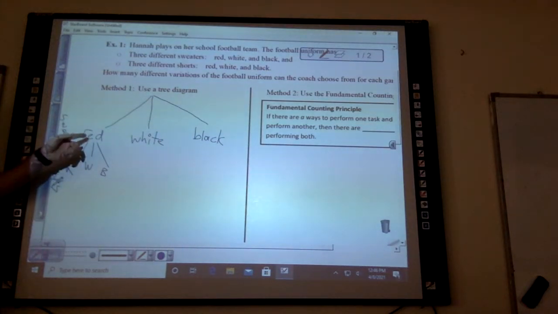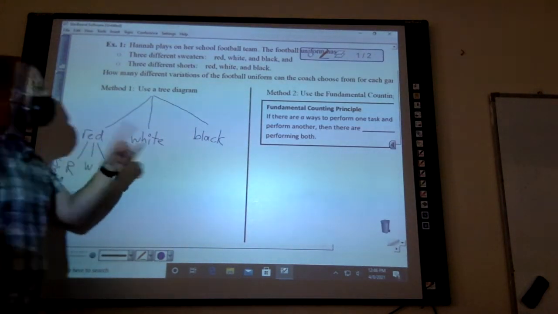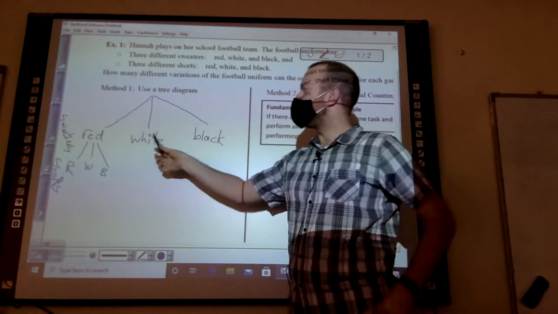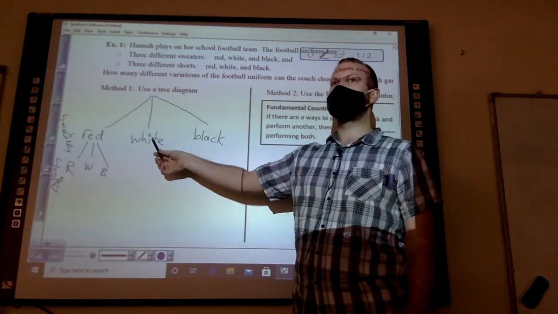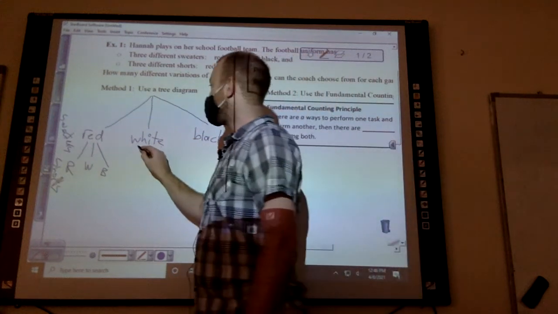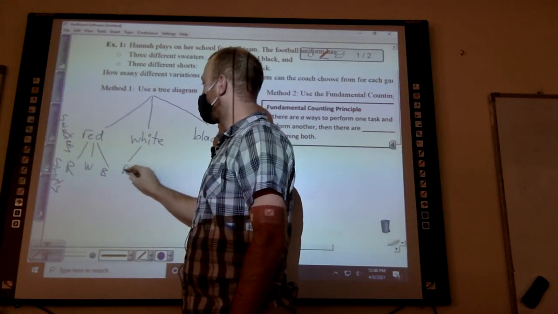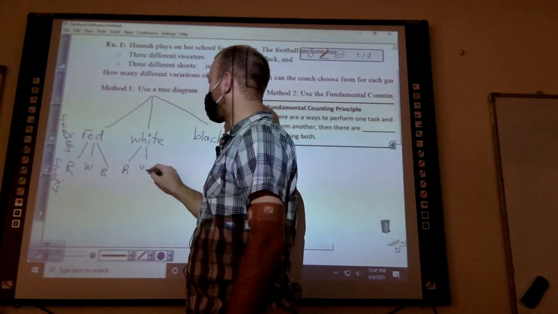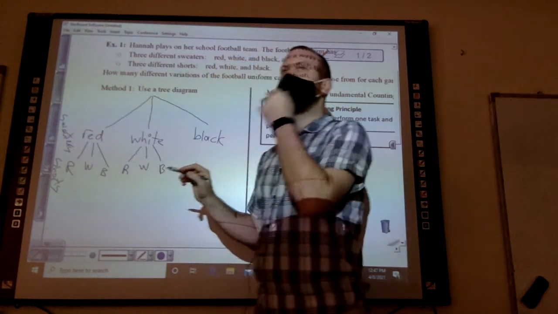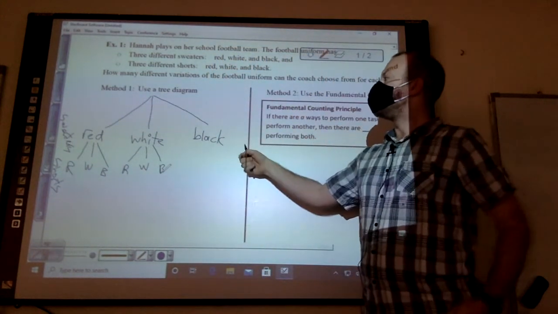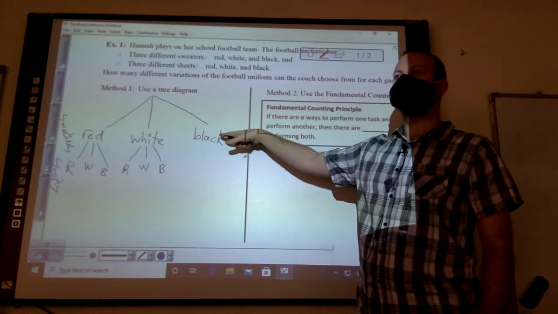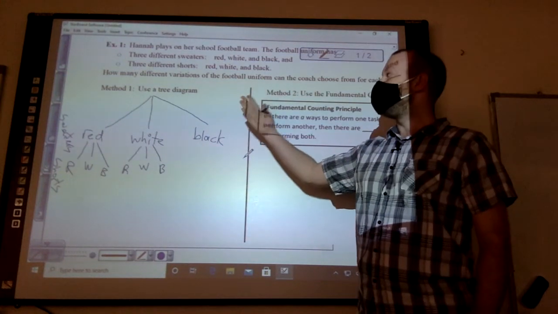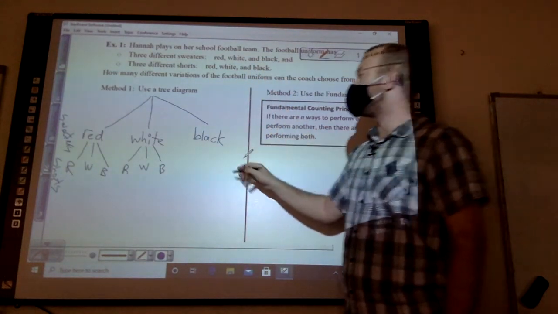Let's suppose instead of a red sweater, I picked a white sweater. What are my options for shorts in this case? Same thing. I could have red shorts, white shorts, or black shorts. How about if I picked a black sweater? Same thing. I have all 3 of these options for my shorts.